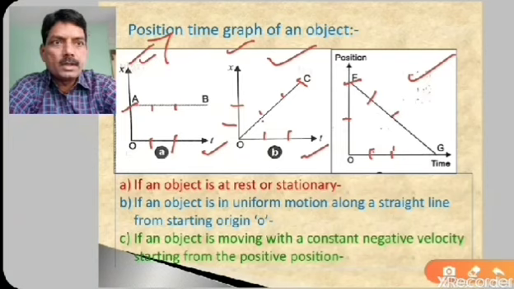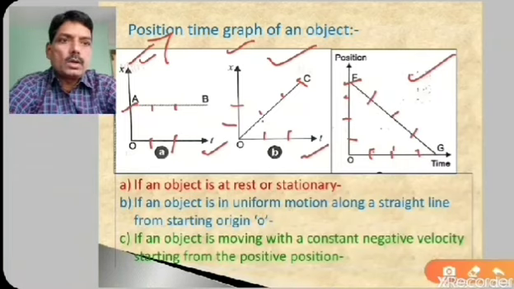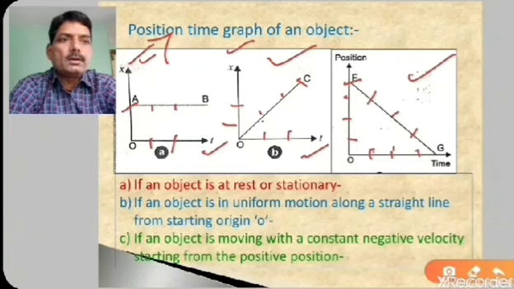For this time period this is the position. For this time period this is the position. So this is the point. After joining all the points you will get this type of nature, and this is nothing but the object moving with constant negative velocity starting from the positive position. So dear friends, these all three graphs represent the position time graph of an object.